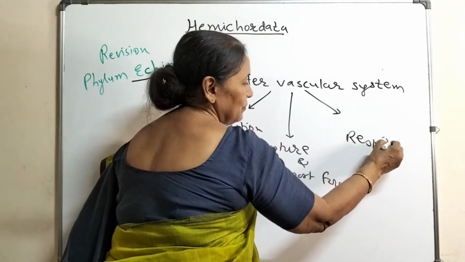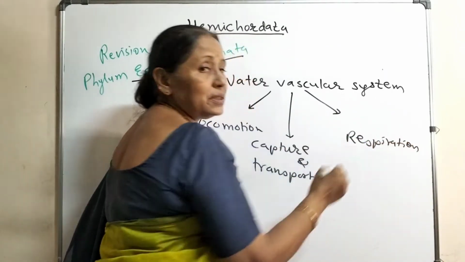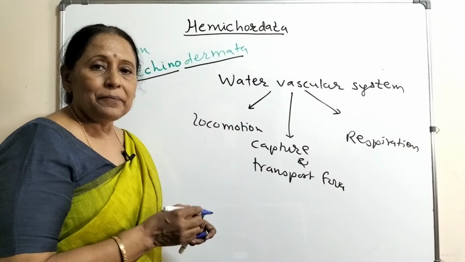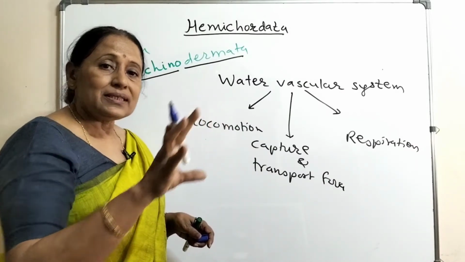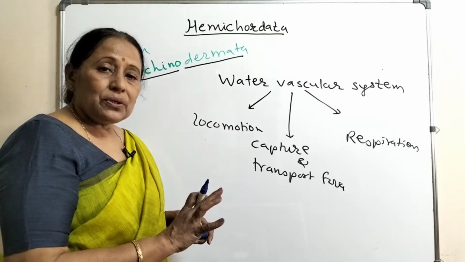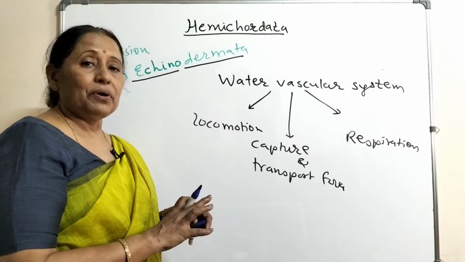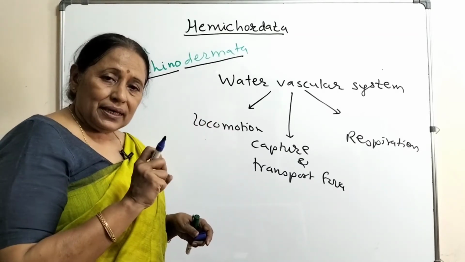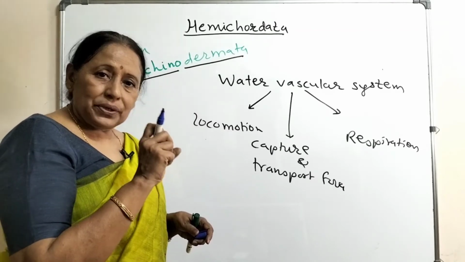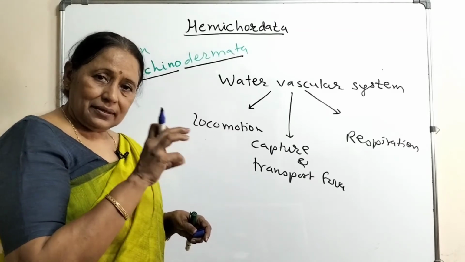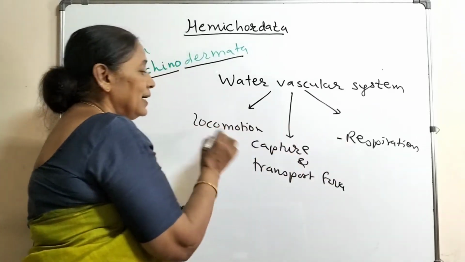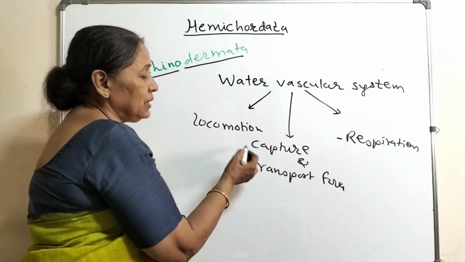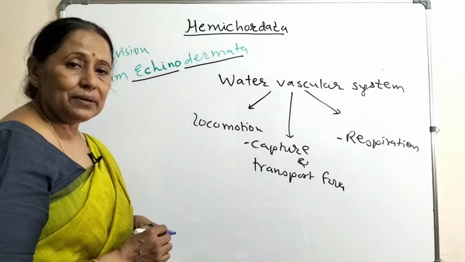Respiration, you can understand, water rich in oxygen is coming inside the body. The water vascular system is a system of various channels. So these different canals in the body take in the water, which is rich in oxygen. They take the oxygen from it and release carbon dioxide. In the same way they are capturing the food which is present in the water.